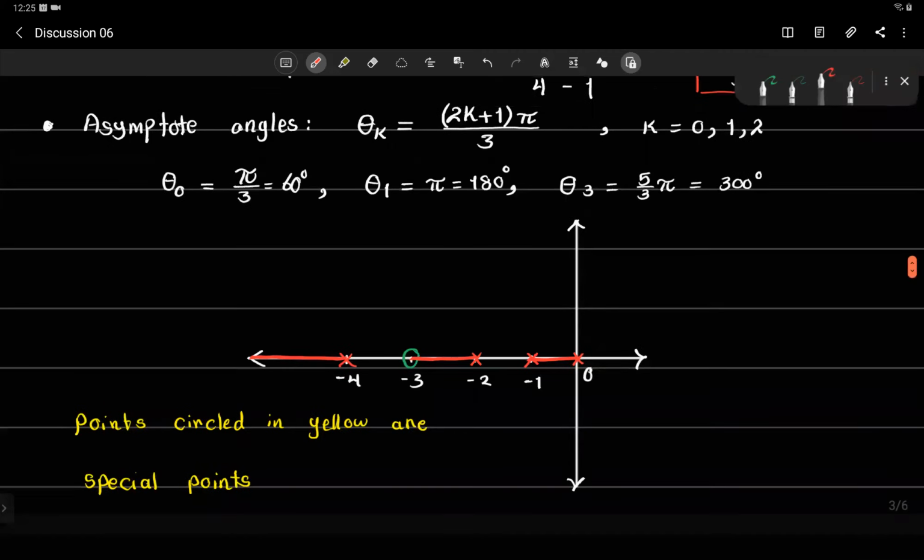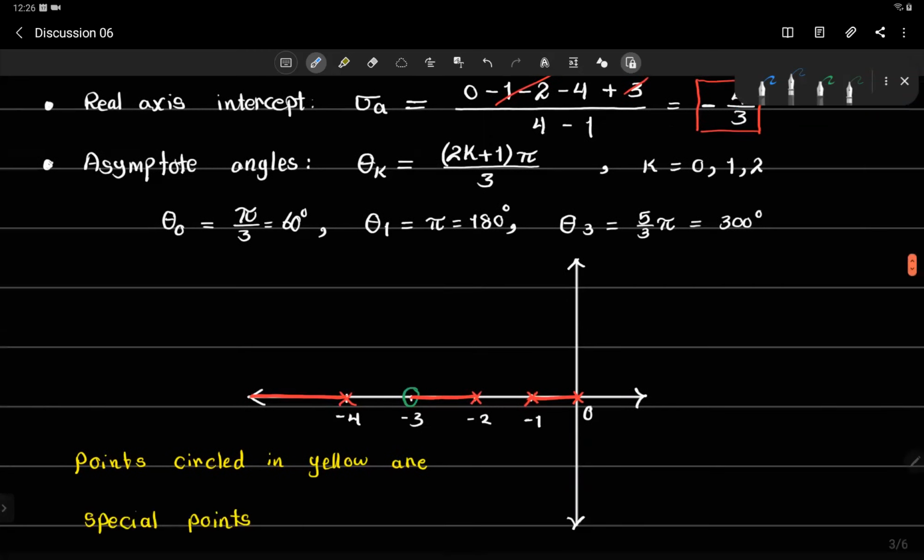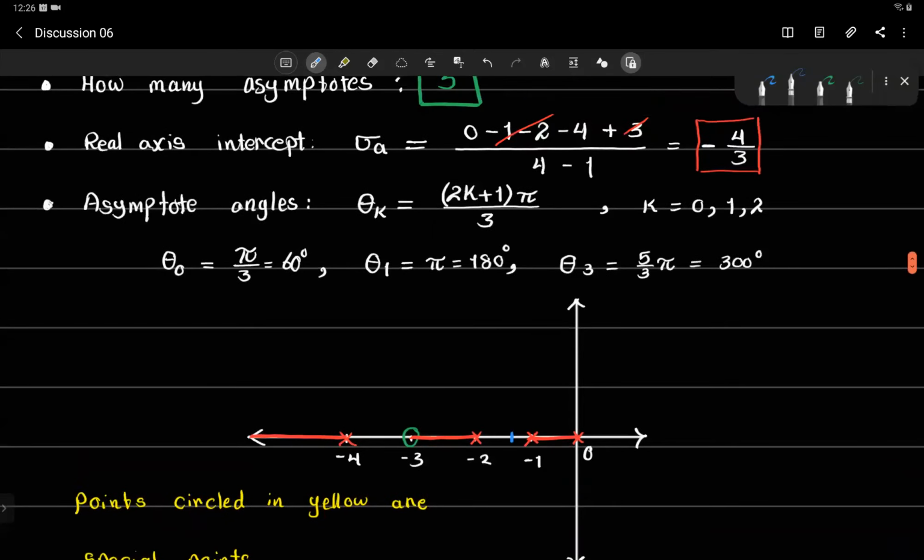Right. Now that we have drawn the real segments, we should proceed to draw the asymptotes, right? And as we calculated here, the asymptotes will intersect the real axis at -4 divided by 3, which is somewhere between -1 and -2. And then we have 3 asymptotes, right?